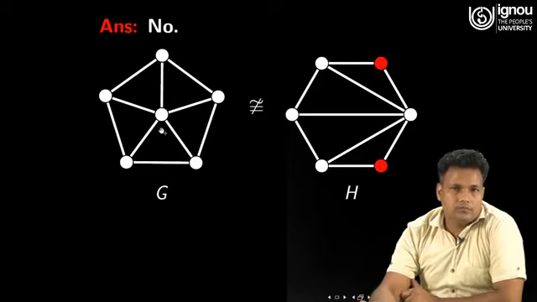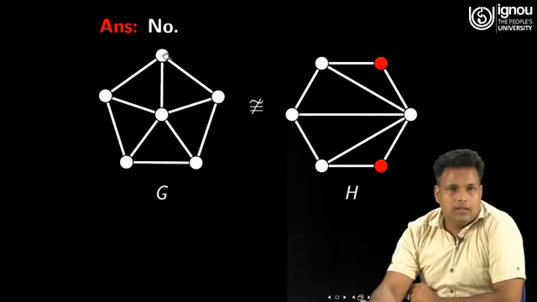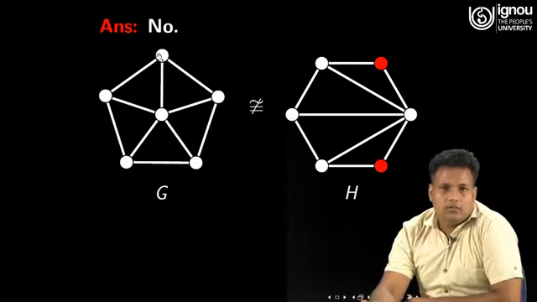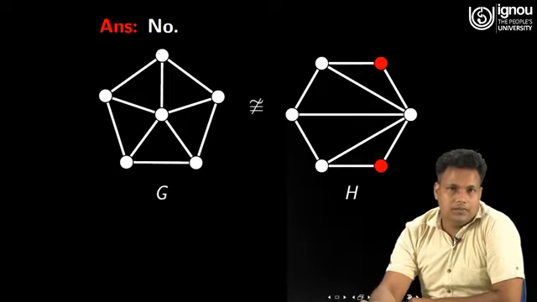Because an isomorphism maps a vertex of any degree k to a vertex of degree k only, right? It cannot map 2 vertices of different degrees. So this means that G and H are not isomorphic.